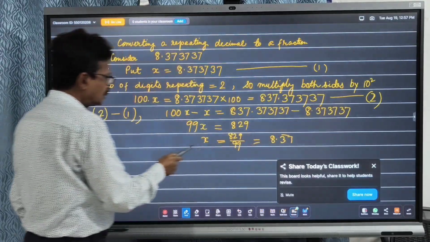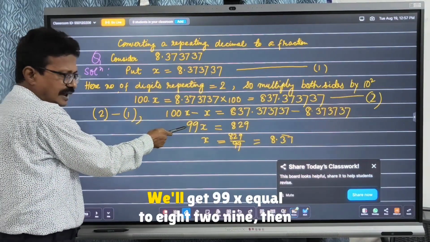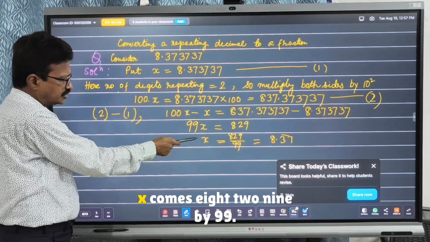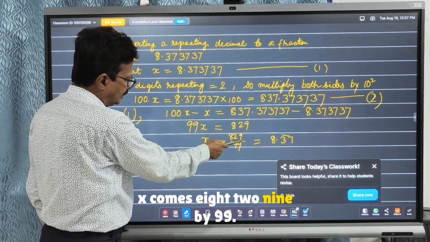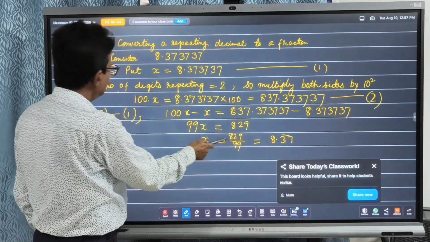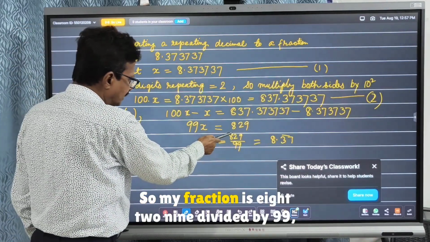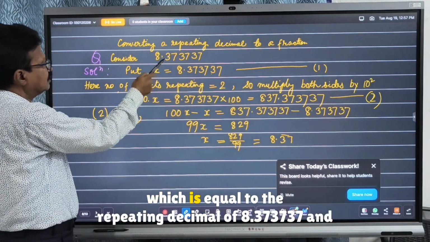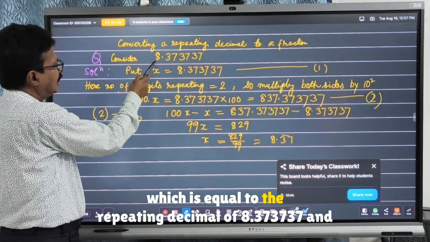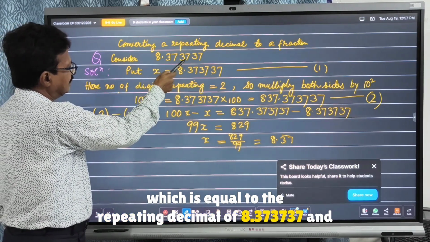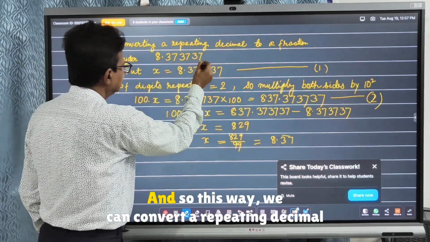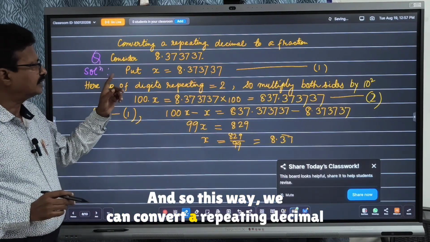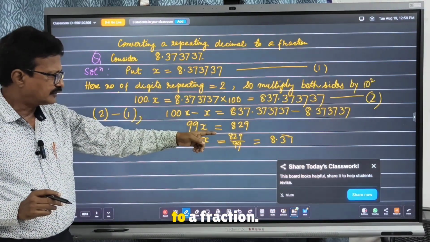So we get 99x equal to 829. Then x is 829 by 99. So my fraction is 829 divided by 99, which is equal to the repeating decimal 8.373737. This way we can convert a repeating decimal to a fraction.